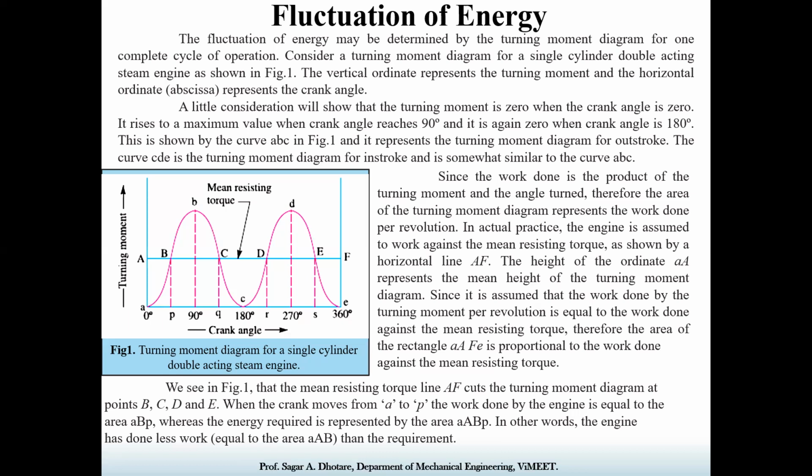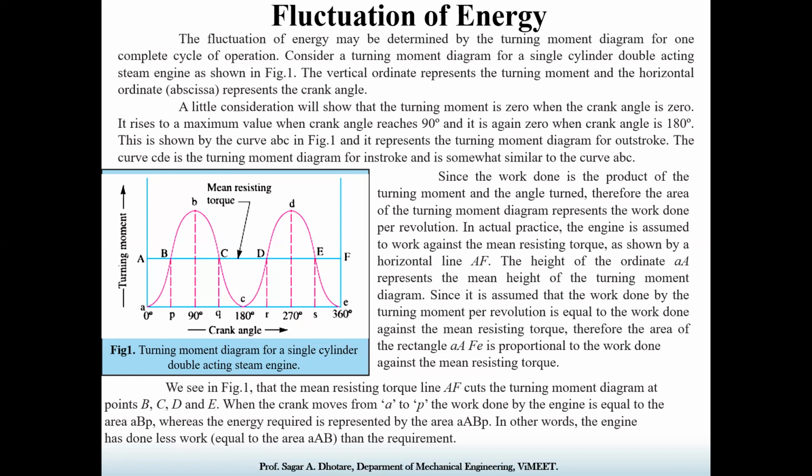Since the work done is the product of the turning moment and the angle of turn, that is, how much angle it rotates, the area of the turning moment diagram represents the work done per revolution. In actual practice, the engine is assumed to work against the mean resistance torque, as shown by the horizontal line AF.